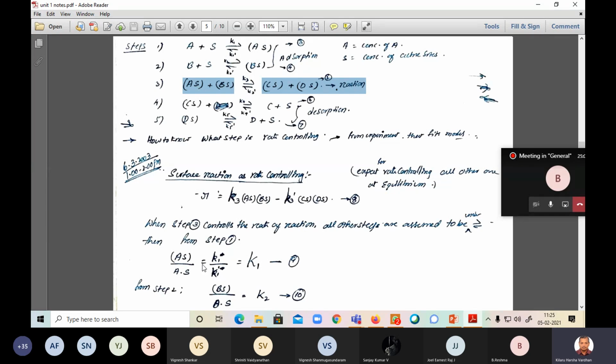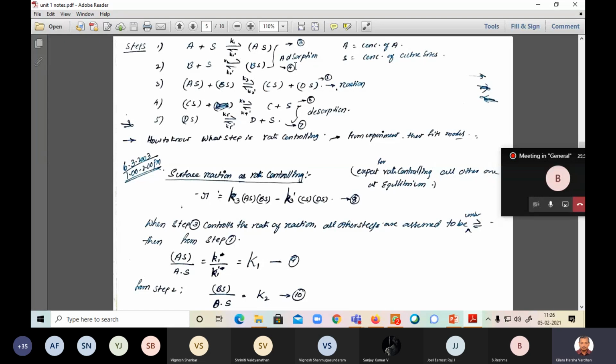For the forward reaction it is K1 into concentration of A into concentration of S. Like that, the backward reaction is K1 star into concentration of A.S. Now if you put one over the other and call that K1, then you can get A.S by A dot S. Correct? Any doubt here? We can write like this. Correct?